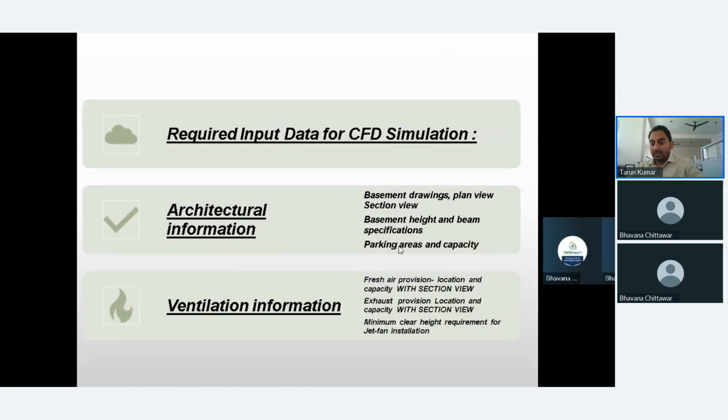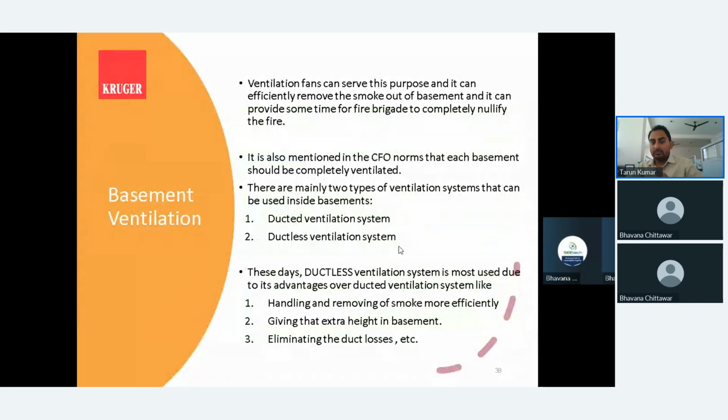Further to that, we put all the data in the CFD software, and we come to know how many jet fans are required, where we have to put them, and in which direction we have to put the jet fans.